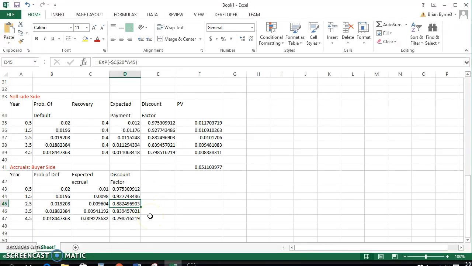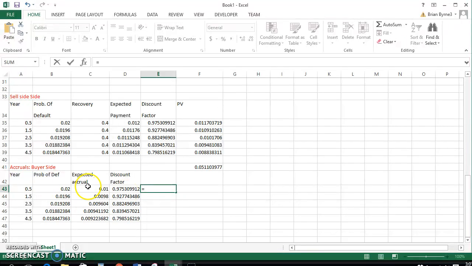Discount factor 0.92, 0.88, and so on. Okay, and then at that point we can take the product of the expected accrual times the discount factor.